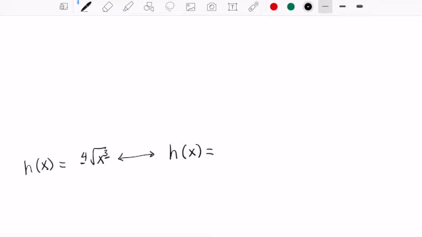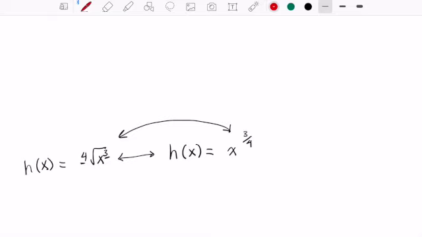And we can say h of x equals x to the 3/4 power. So in my opinion, being able to make this transition between radicals and exponents is one of the easiest and most beneficial things that I can do to set myself up to be successful with the power rule.